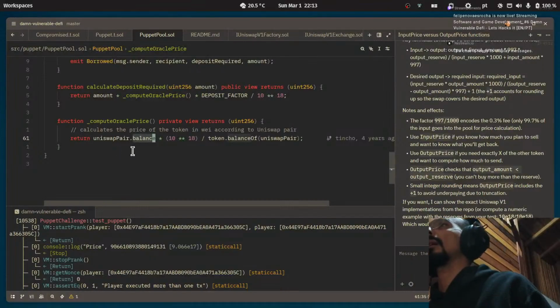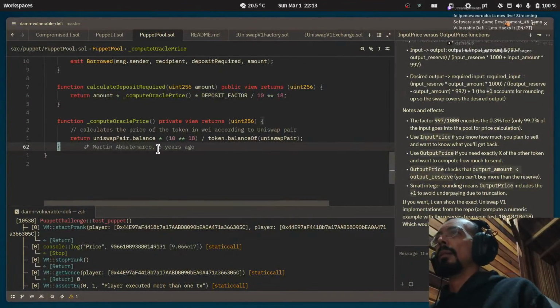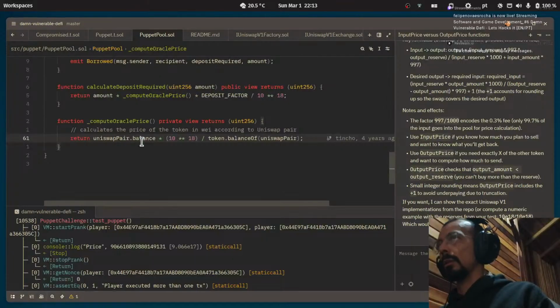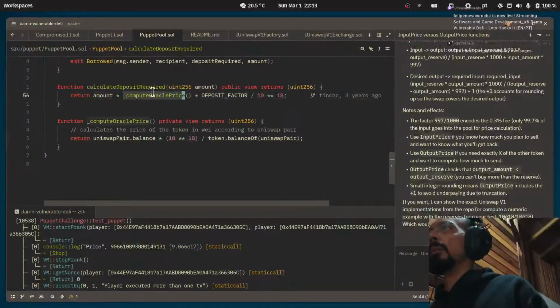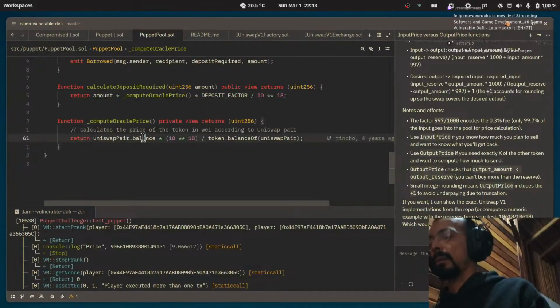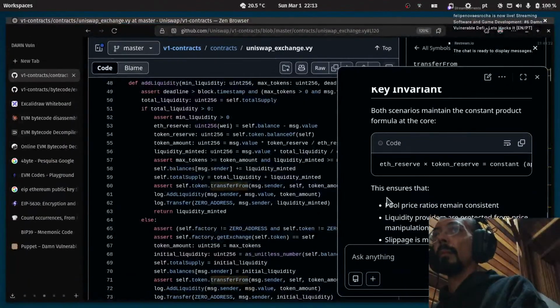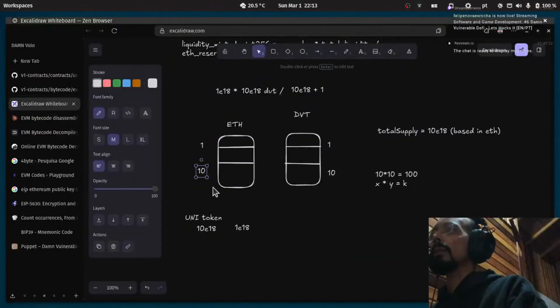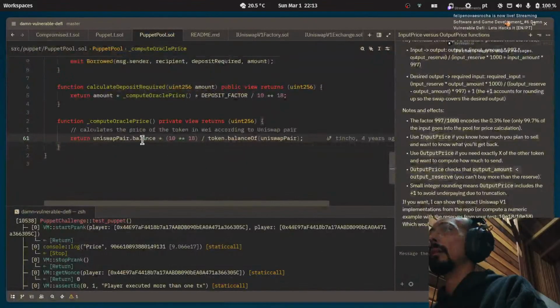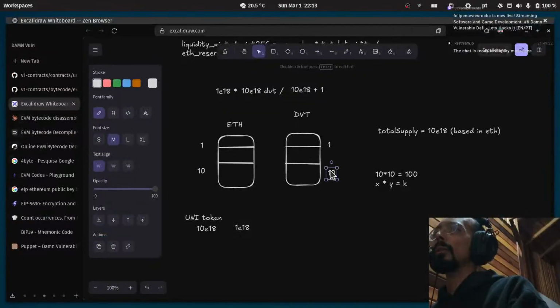So let's try to see how that works. Note that the price is used here to calculate the amount. So let's say I have 10 here. They're gonna increase and divide by the token balance, that's also 10.